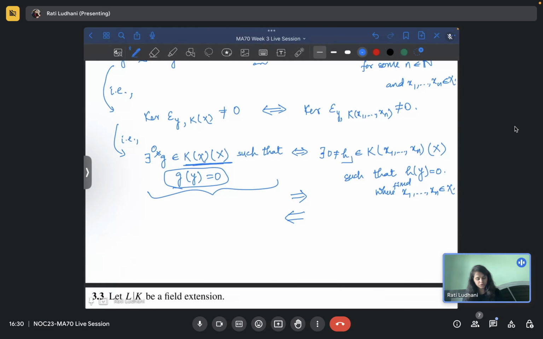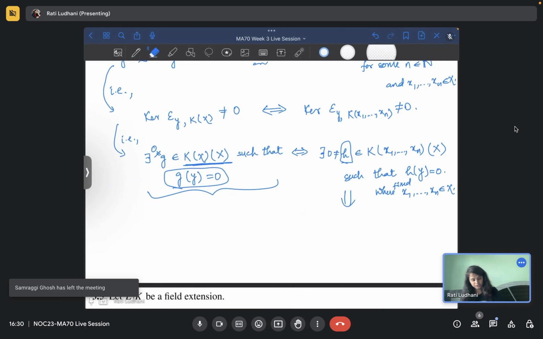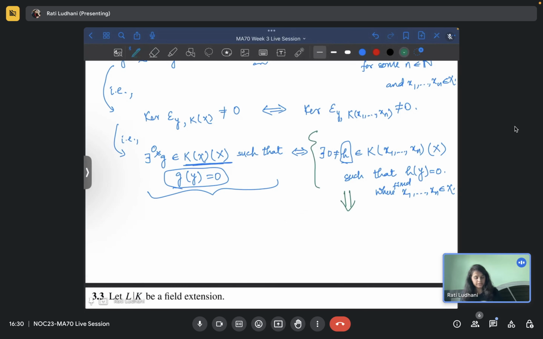So you consider this polynomial h. Right to left is rather trivial, right? Because x1 to xn is an element of chi itself. Exactly. If you assume this side, the left hand side, that means there exists some h of this kind. Since x1 to xn belongs to chi, this is a subset of k chi x.